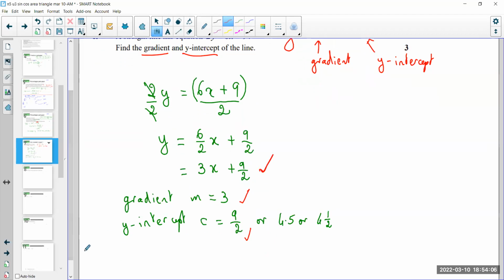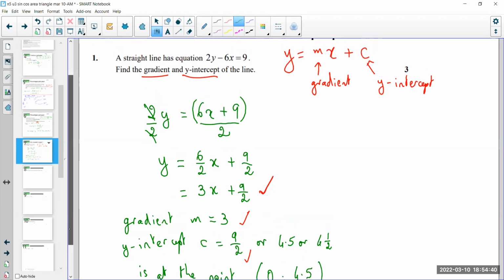Now, if you had gone and said, oh, but what we call the y-intercept, instead of saying c equal, but you just wrote the y-intercept is at the point, it's not a, c is not a point there, c is a value, but it's at the point 0, 9 over 2 or 0, 4.5, you will get the mark as well. Okay.